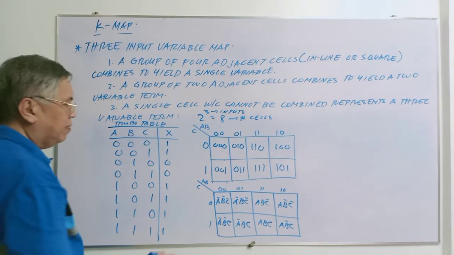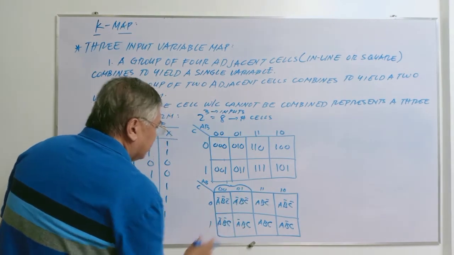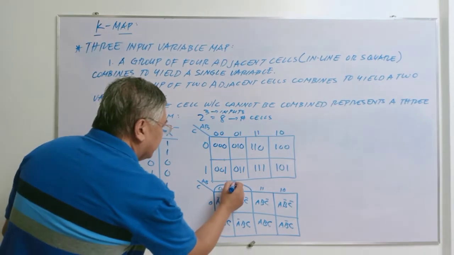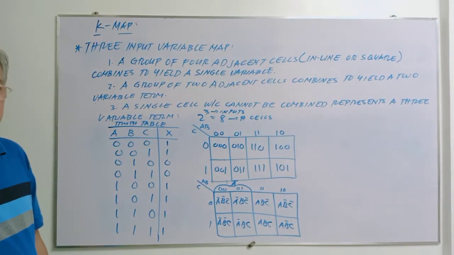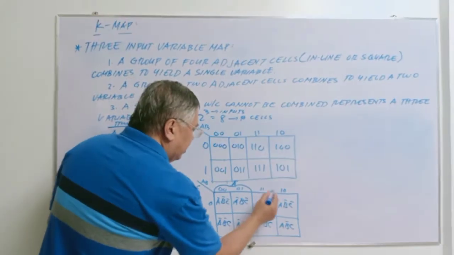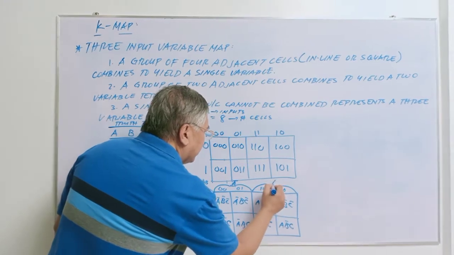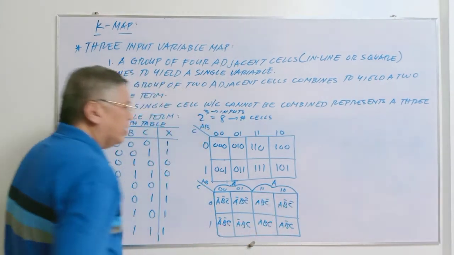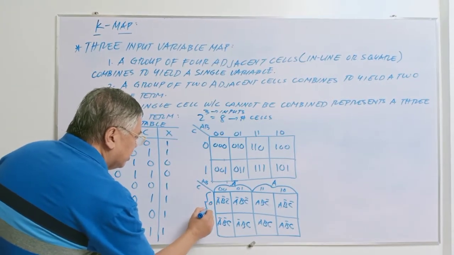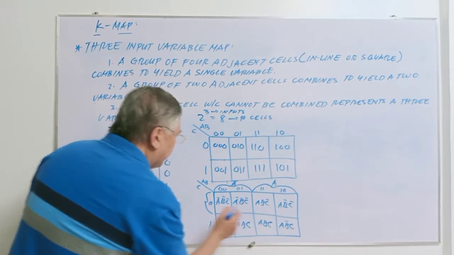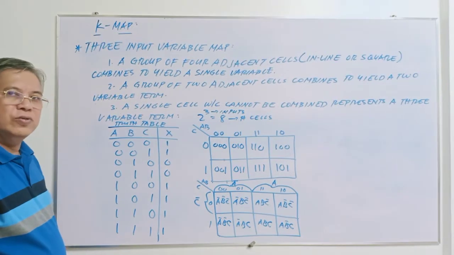Okay? Now if you notice that these 4 adjacent cells here, the common is A bar. So this belongs to A bar or A complement. And these 4 cells, the common is A. So this belongs to A. And then this one here, what is common is C bar, so these 4 cells belong to C bar.